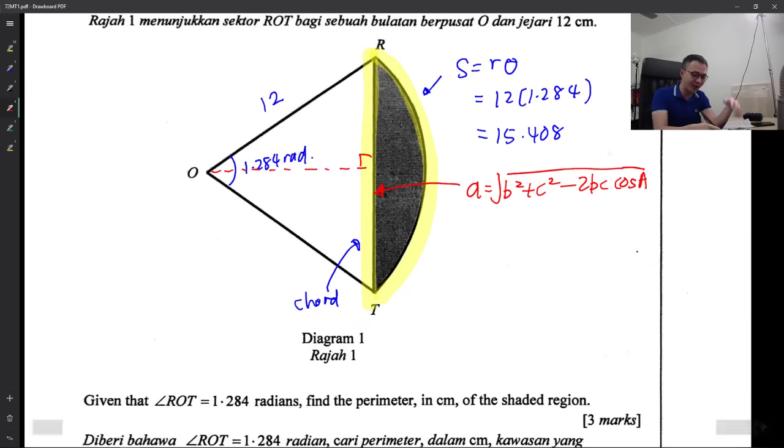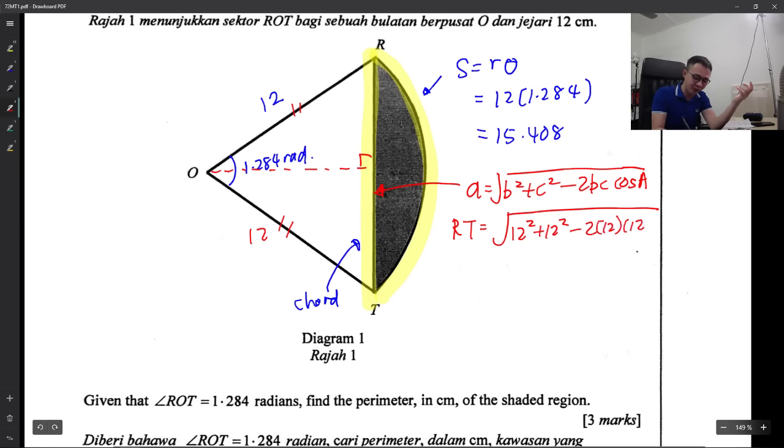So my a here will be the opposite length, which is RT. I write RT equals the square root of 12 squared plus 12 squared minus 2 times 12 times 12 times cos 1.284, since b and c are my 2 sides, 12 and 12. Something you need to pay attention to is that 1.284 is in radian.